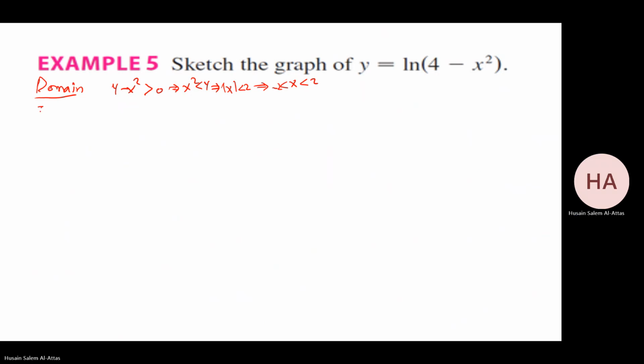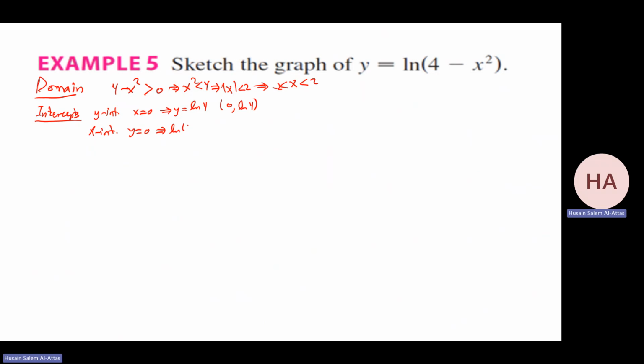Intercepts. Y-intercept, I'll make x equal 0. I'm getting y equal ln 4. So I have (0, ln 4). X-intercept, I'll make y equal 0.